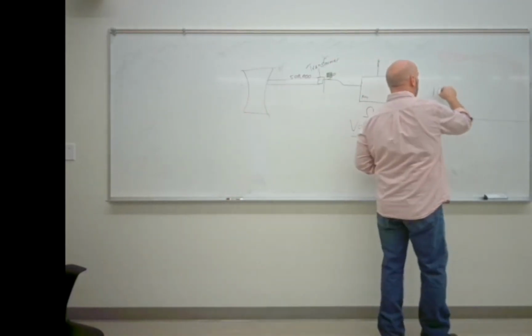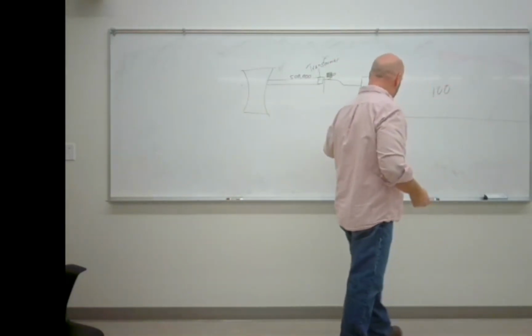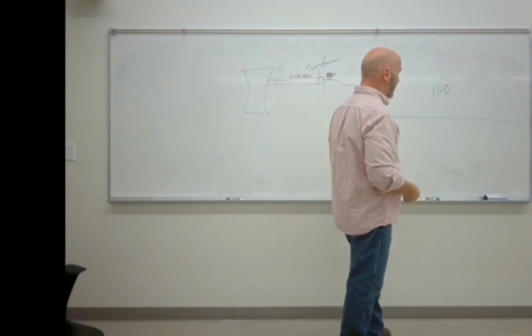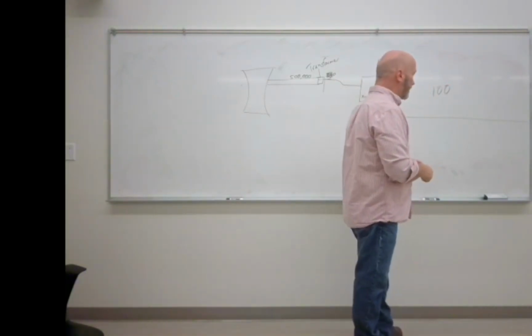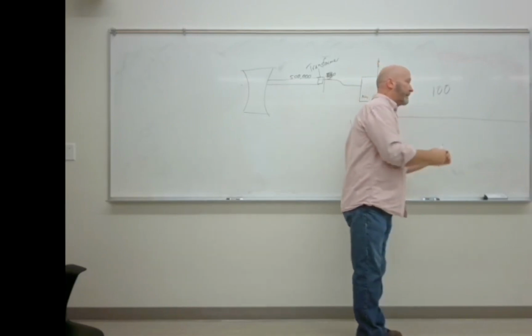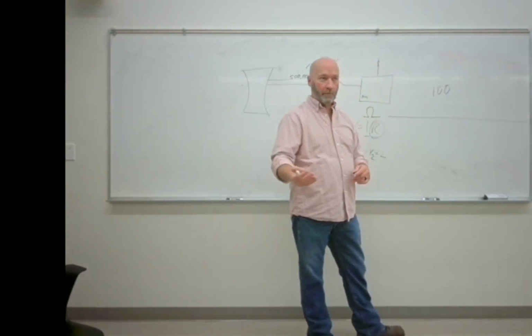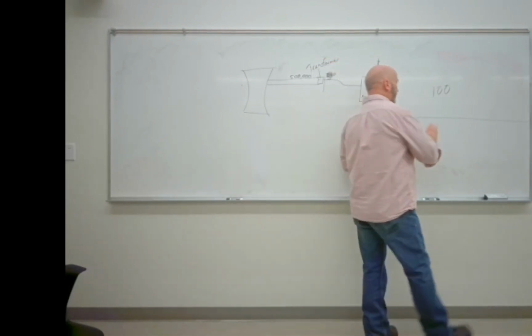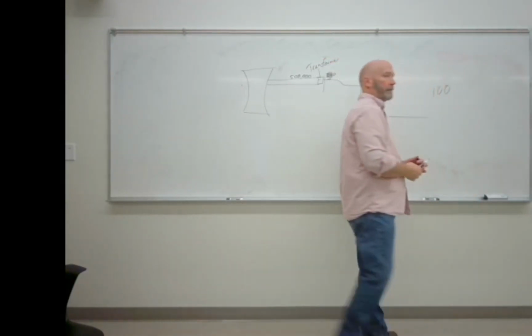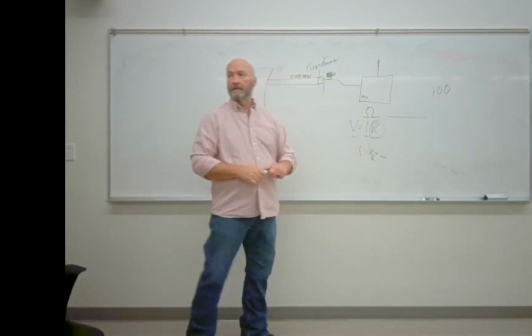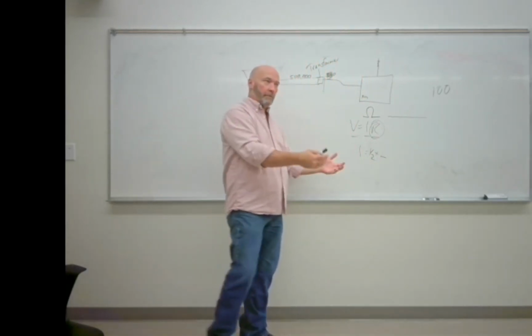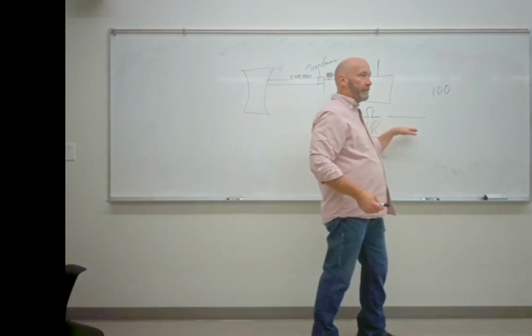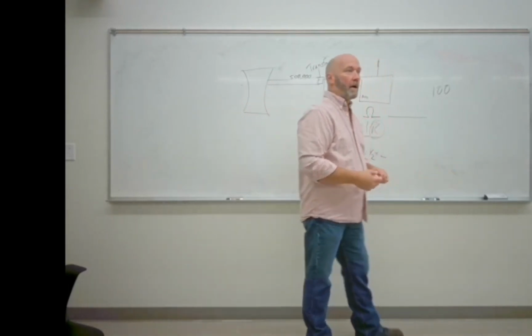If it's 100 feet long, then the entire length of that, we're generating heat, we're creating more resistance and so on, right? But what if it's only 50 feet long? Less resistance. Less resistance, yeah. So we change the length of the wire. The shorter the wire you have, the less resistance you have.